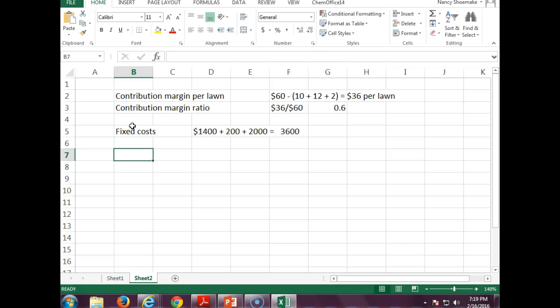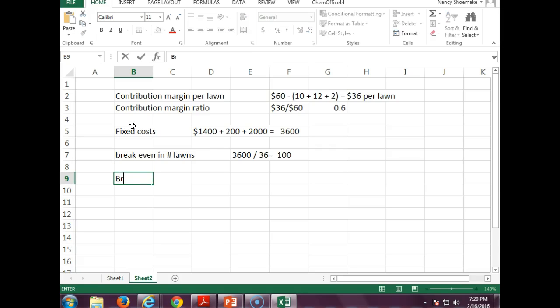So our break even in the number of lawns we need to do, how are we going to figure that out? $3,600 in fixed costs. Divide that by 36 bucks a lawn is our contribution margin. How many lawns do we need to do? 100 lawns to break even, right?